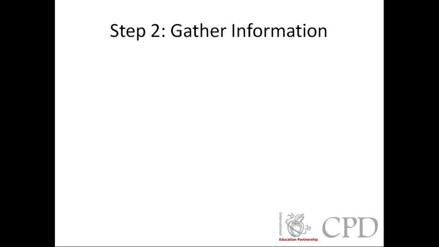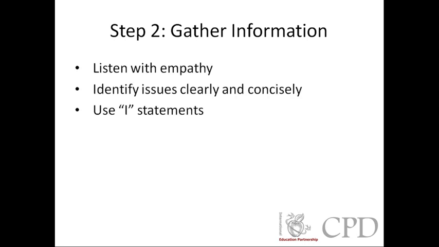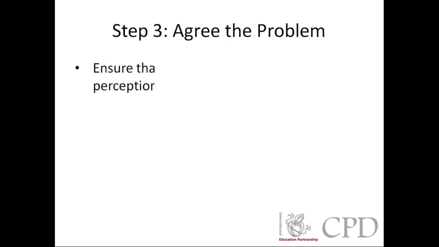Some tools you can use to help you with this are listening with empathy, being clear and concise, using I statements to remind the parent that your opinion also matters, remaining flexible and clarifying feelings because they need to be recognised before you can move on to resolve the conflict.